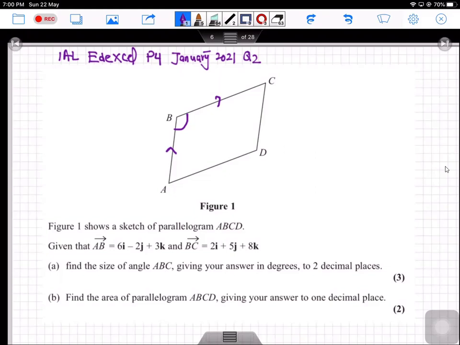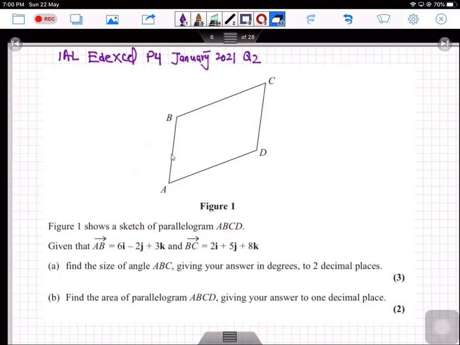In this case, as we can see, our observation is telling us that this angle ABC is supposed to be obtuse. So we need to keep this rule in mind that either the two vectors are converging up to the point B or they are diverging away from the point B. But in this case, we are given AB vector and BC vector.